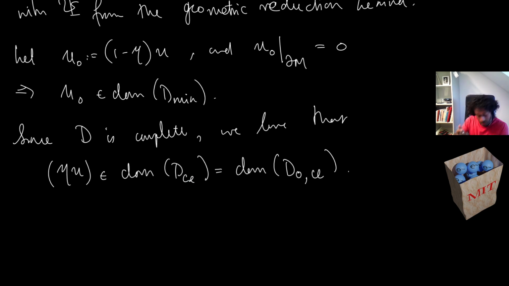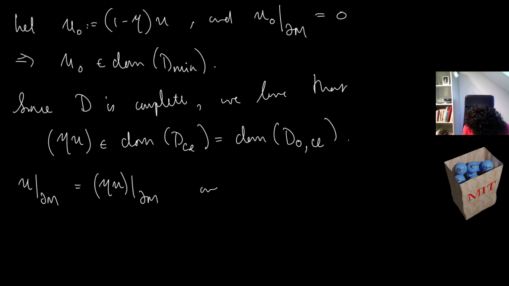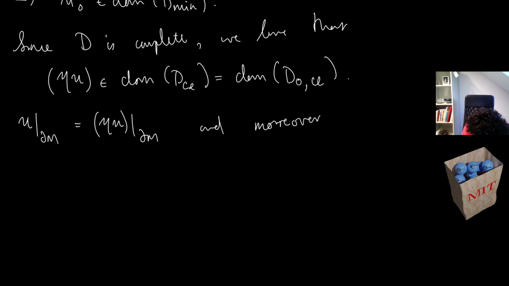Okay, so now we have that U restricted to the boundary is the same as eta of U restricted to the boundary. And moreover, we have U restricted to the boundary is now controlled by eta of U.